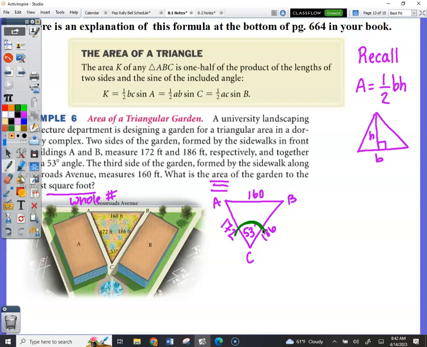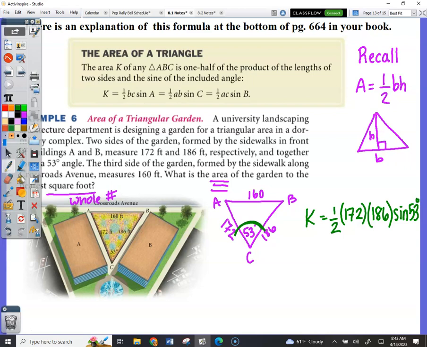All right, so let's set it up. The area of the triangle, I guess we'll do capital K. I just can't, that bothers me. All right, the formula is 1/2 one side times the other side times sine of the angle you're using. And it is as simple as typing it in your calculator.